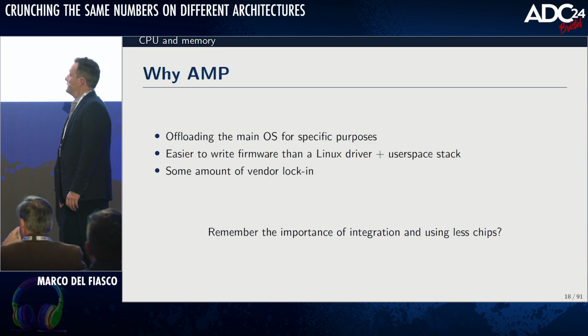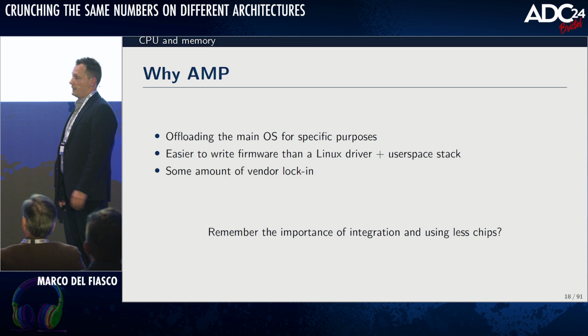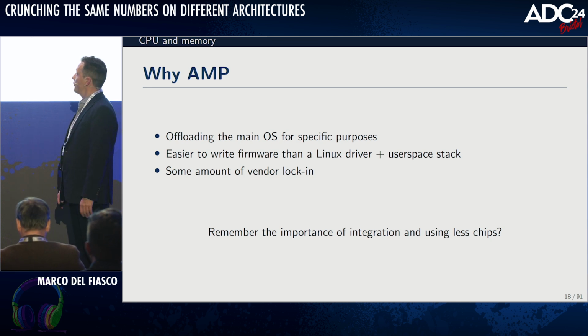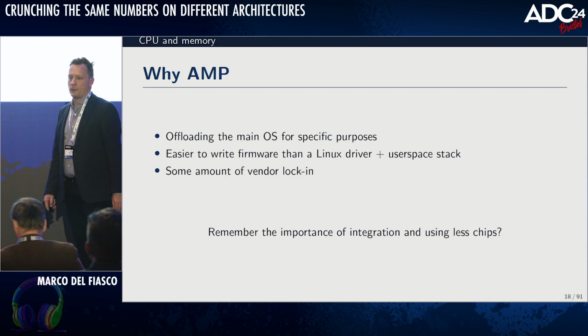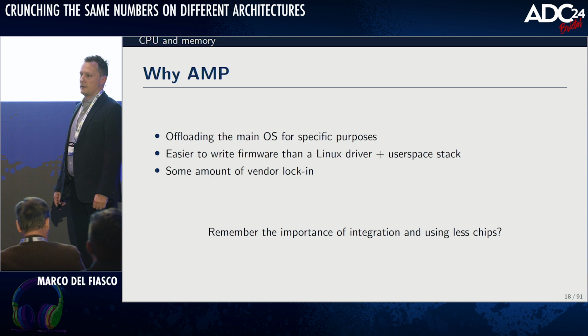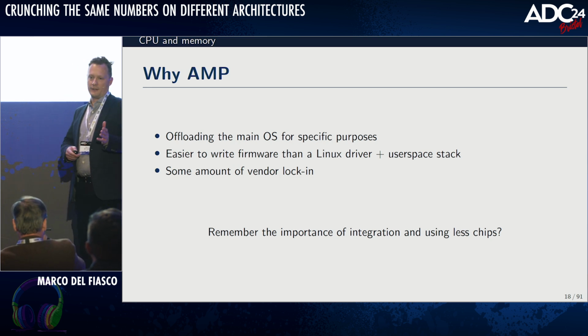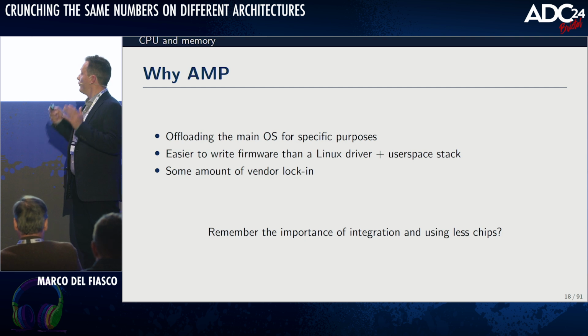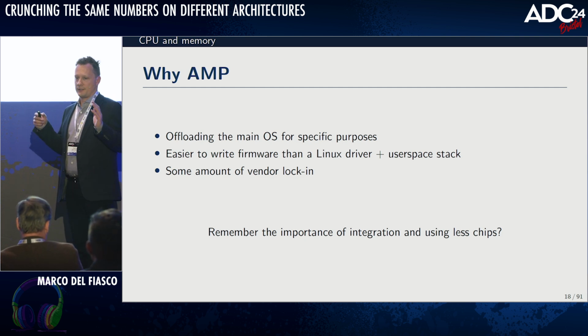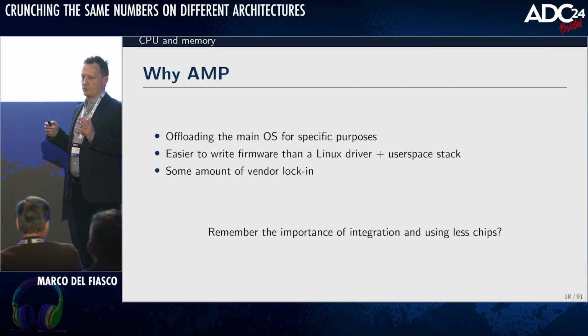The need for AMP. The main reason for AMP processors is to offload the main OS for specific purposes. In particular, sometimes it's easier to write a firmware instead of a Linux driver plus user space stack to handle some system function.